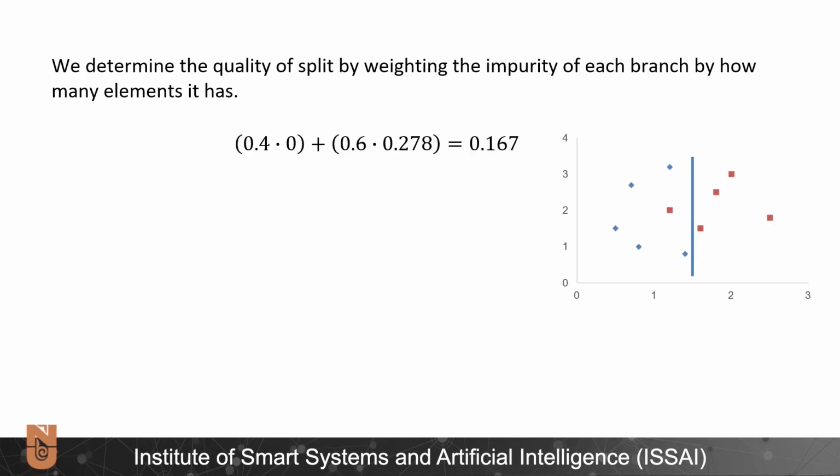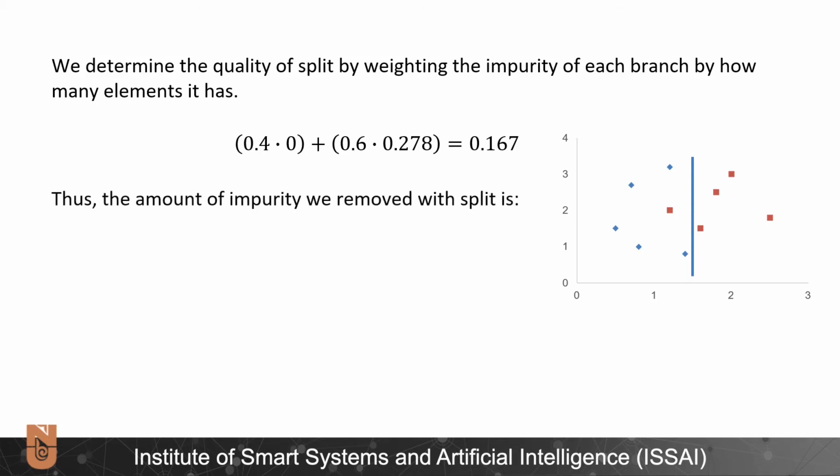On the right side, we had the 4 elements, and on the left, we have 6 elements. So, we will weight the right side by 0.4, the left side by 0.6. So it becomes 0.4 multiplied by 0 plus 0.6 multiplied by 0.278, which is equal to 0.167.